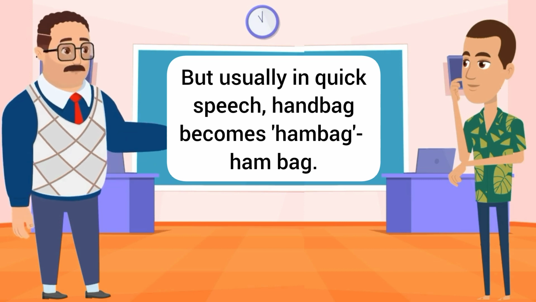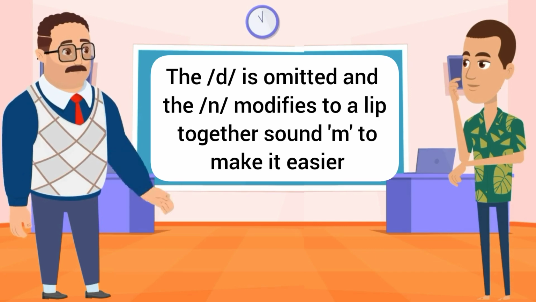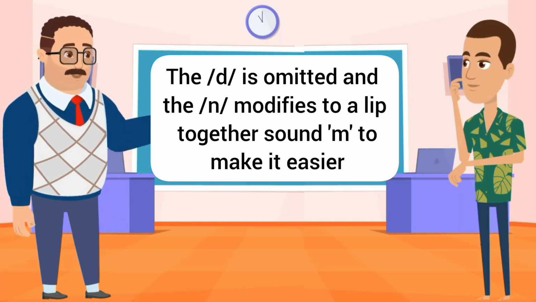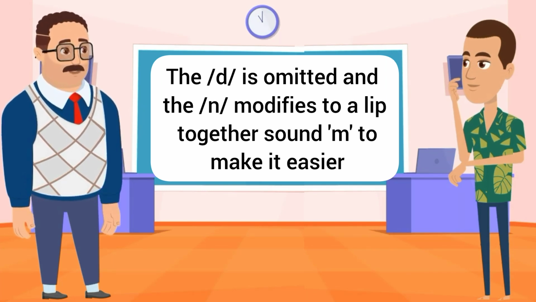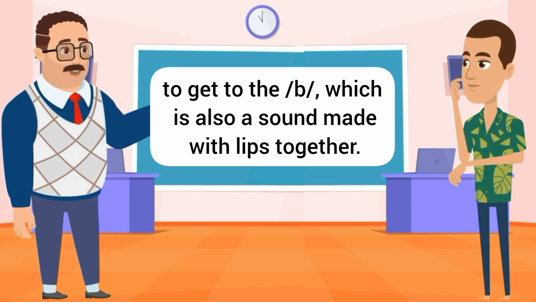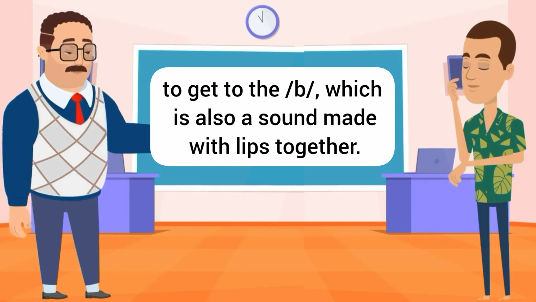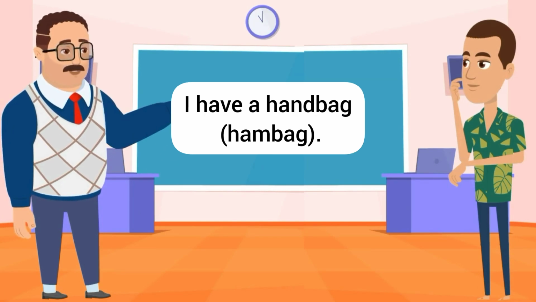But usually in quick speech, handbag becomes hambag, hambag. The d is omitted and the n modifies to a lips-together sound, m, to make it easier to get to the b, which is also a sound made with lips together. I have a handbag, handbag.